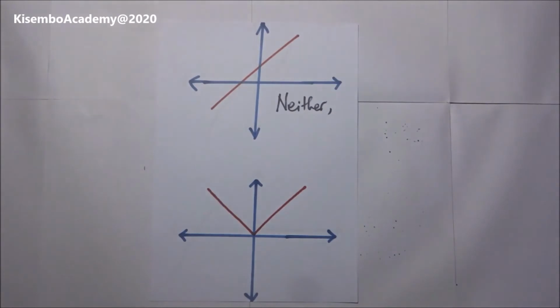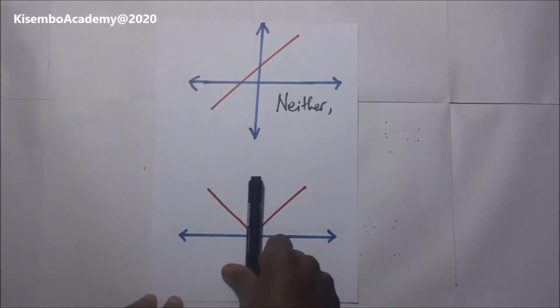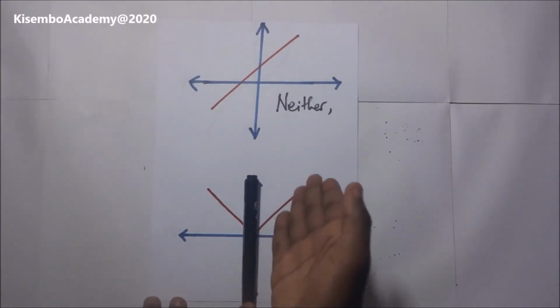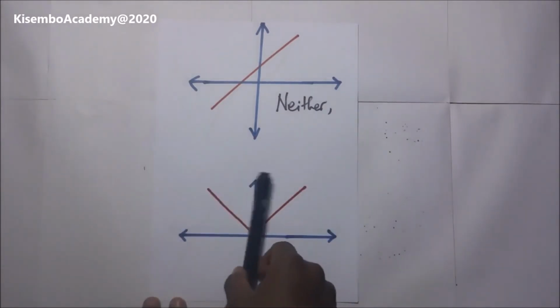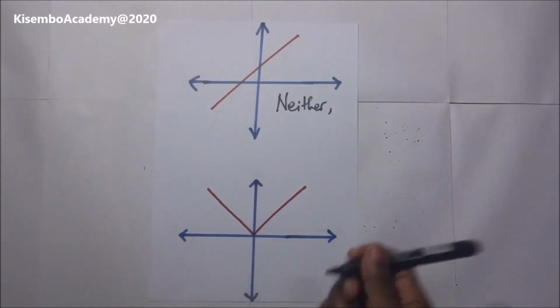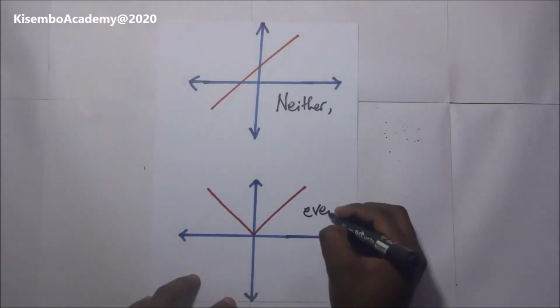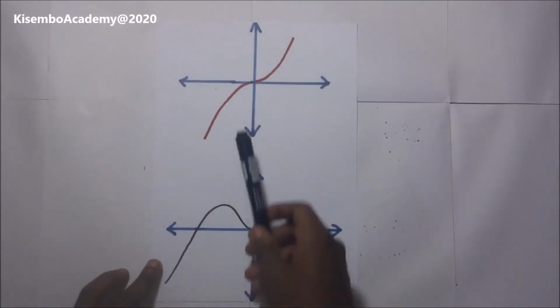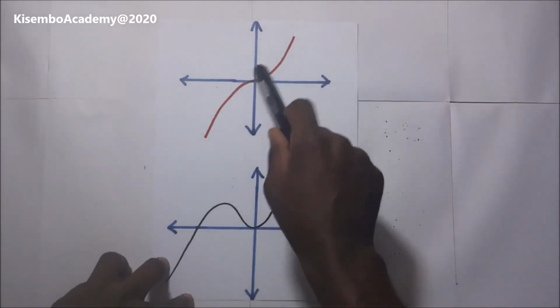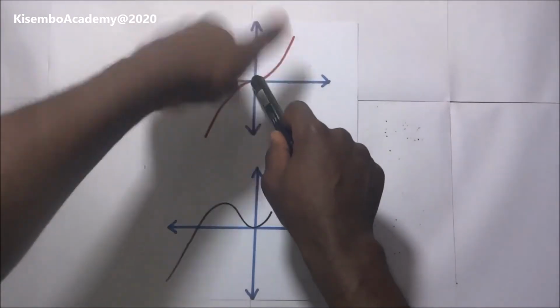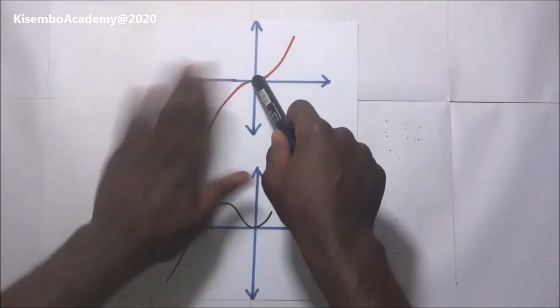Then looking at this function, it is symmetrical about the y-axis. In other words, this and that, it's more like a mirror. This is reflected in that direction. So it is symmetrical about the y-axis, so this makes it an even function. Looking at this one, it is symmetrical about the origin. In other words, if I was to rotate this graph by 180 degrees, it would look exactly the same.